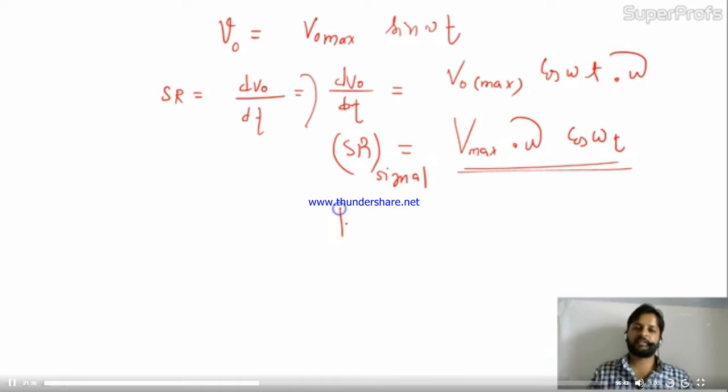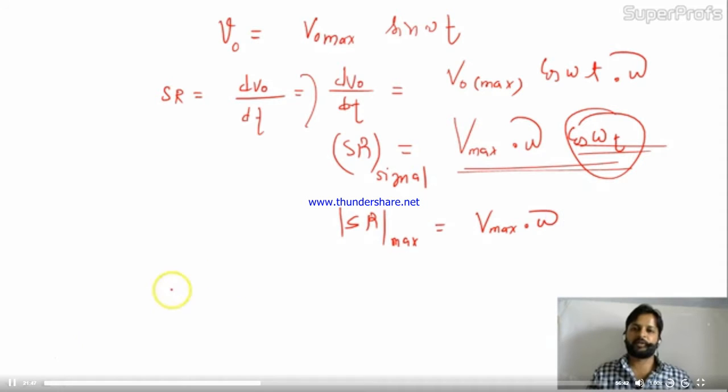And when will it be max? Slew rate max will be when the maximum value of cos omega t is 1. So it will be V max into omega. Is it okay? And when we expand this, we can write it like 2 pi f max of V. V is V max over here. Can I write like this?